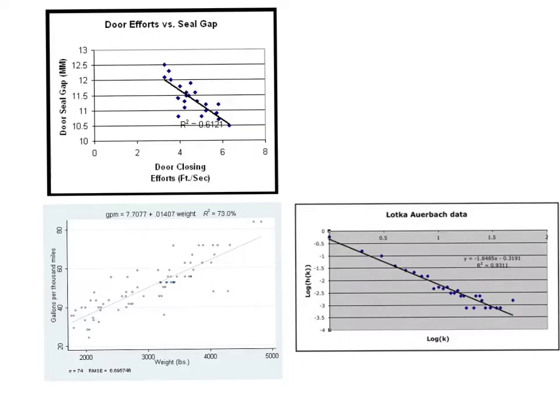When we look at correlation, one thing that we're going to look at is strength of correlation. The way we measure strength of correlation is through the variable r. It's called the correlation coefficient. You can see on these graphs r squared.